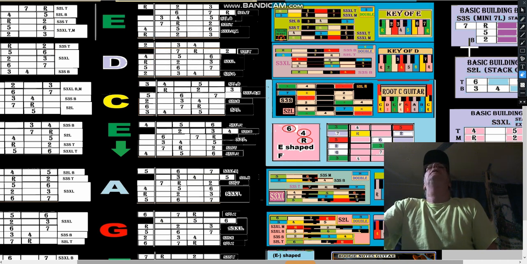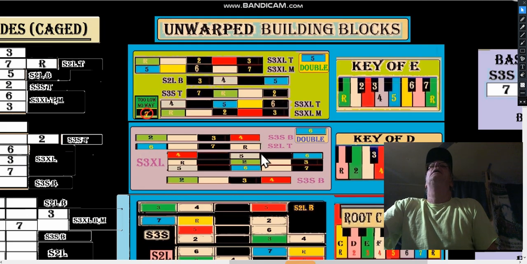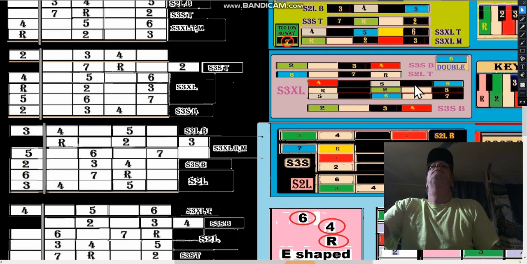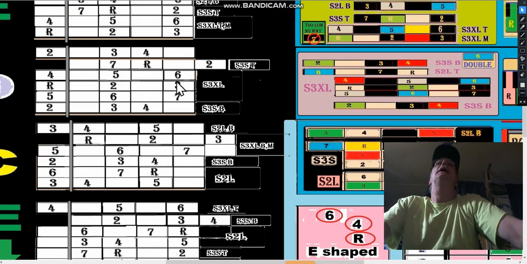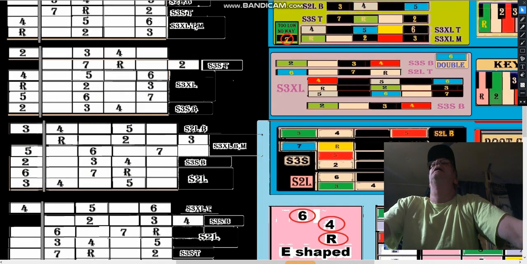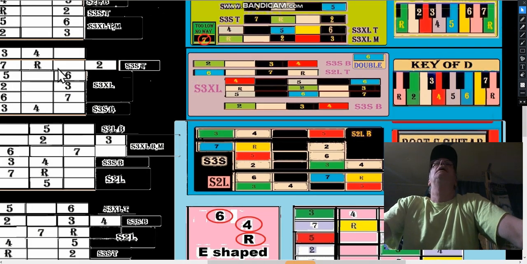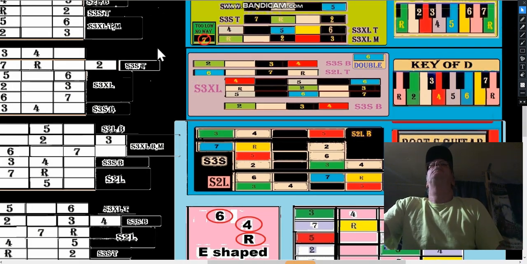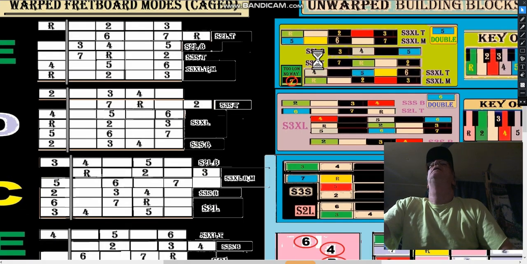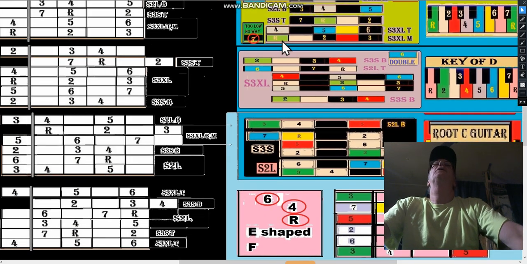Okay, before we zoom in. So this is the pattern. These are the two guys we're looking at. Key of D. There's your key of D right there. Okay, I guess we could bump out just a little bit so we could get all the good stuff right there.